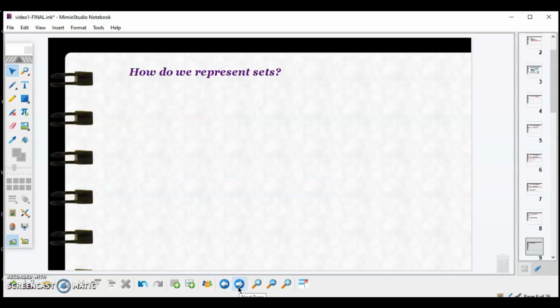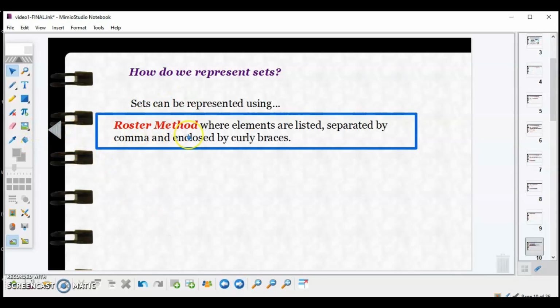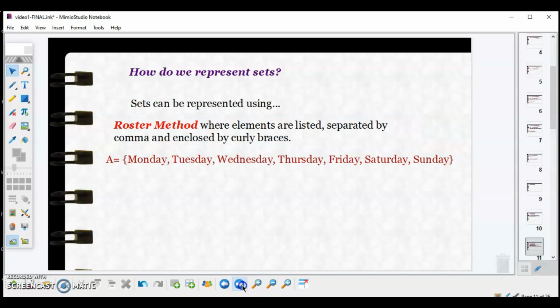Now, how do we represent sets? Sets can be represented using the roster method, where the elements are listed, separated by commas, and enclosed by curly braces. If we analyze this definition, it only implies that we have used this already in the previous examples, because it is commonly used in representing sets.